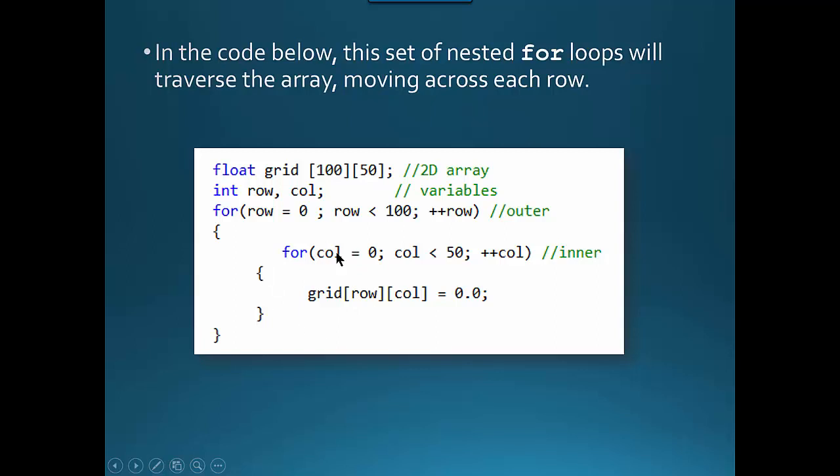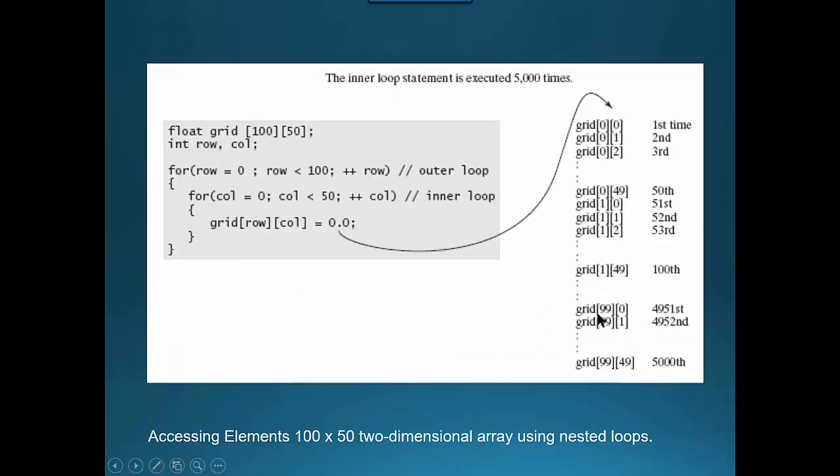The first loop will go from 0 to 50 and hold row as index 0, then it'll come back out, row will become 1, and it'll go through 0 to 50 again, then row will become 2, and column will go 0 to 50 again, and it will get through the entire list.